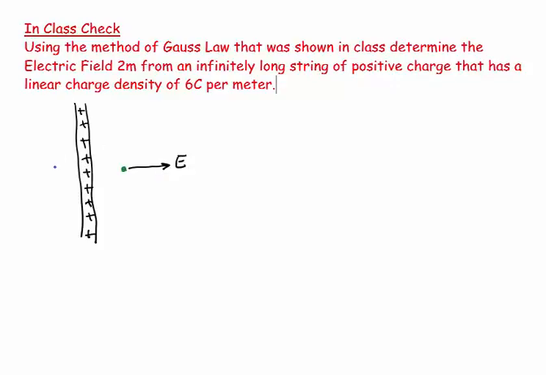Whereas before I've tended to use spherical symmetries, that's not going to work in this case because I don't have a spherically symmetrical charge. I have a line of charge.